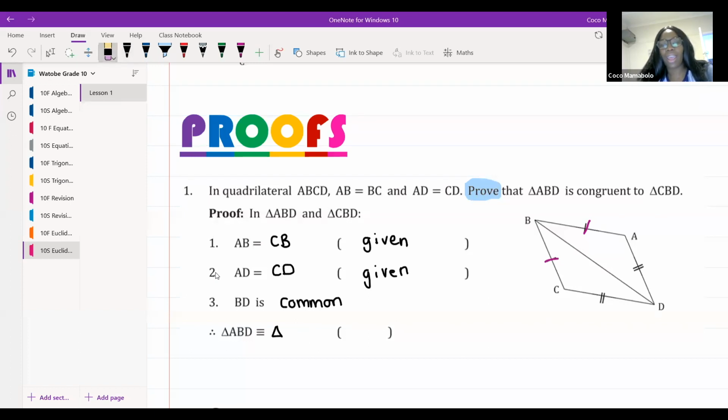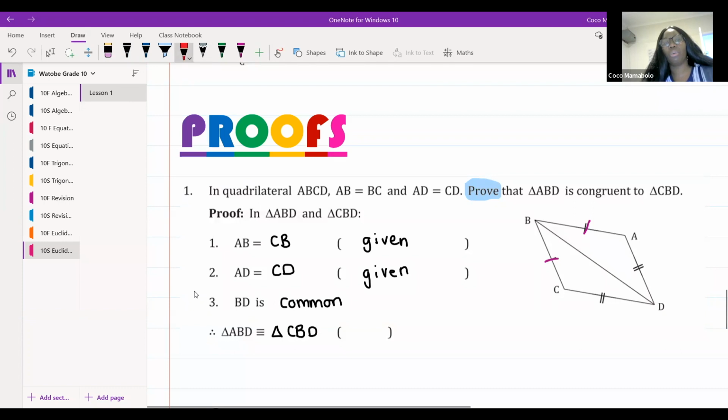If you say triangle ABD is congruent to triangle DCB, wrong. Because the order in which they've given the triangles to us is very, very important. So we need to write it in the exact correct order. Therefore, triangle ABD is congruent to triangle CBE.